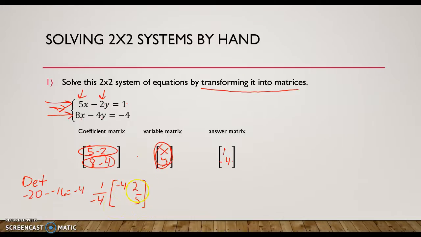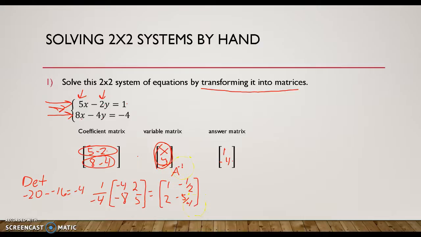The 2 will become positive and the 8 will become negative. So when I multiply -1/4 times that, I'll have 1 and then -1/2 and then +2 and then -1/4 times 5 is -5/4.